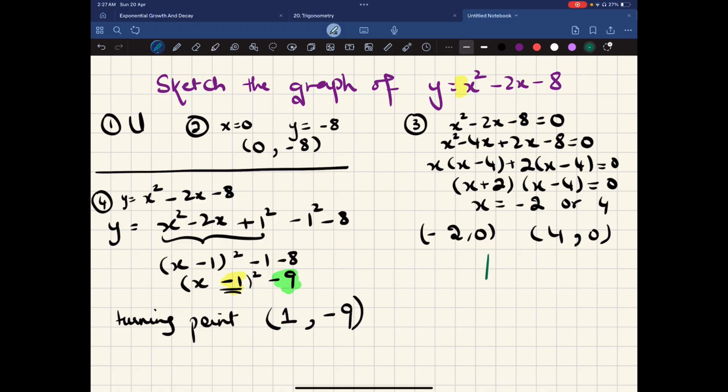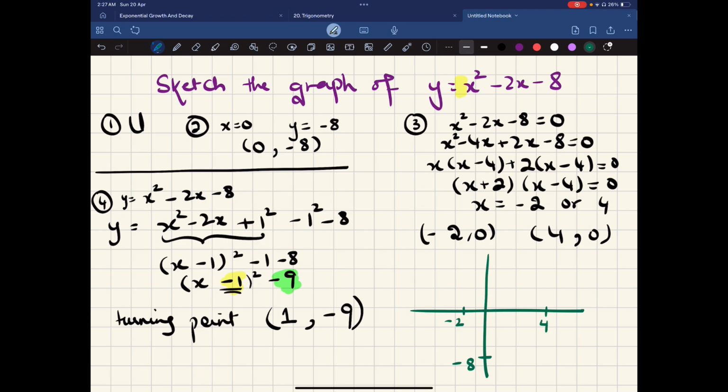Okay, let's see. Let's do it very quickly. So the first point is 0, negative 8. So you just mark a negative 8 here. We have negative 2, 0 here. 4 should be double of negative 2.